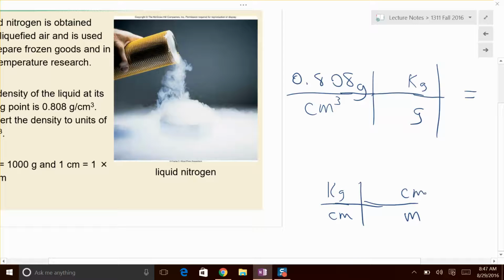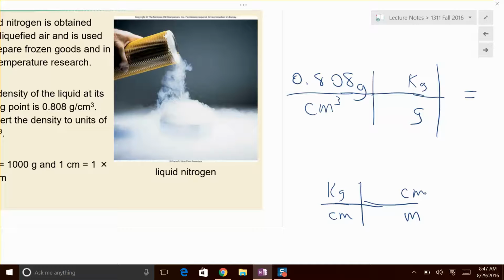Now, why did I write it on top here? And why did I write it kind of backwards from how we've been doing it? That's right, because the centimeters need to cancel, and since they're on the bottom, I'm going from centimeters to meters. So if it's the unit on the bottom I'm changing, I need to follow that process along the bottom instead of on the top.